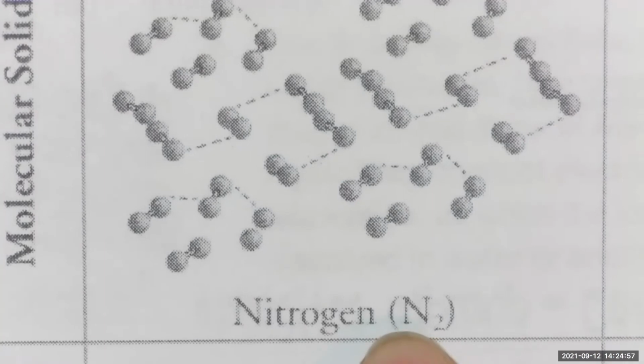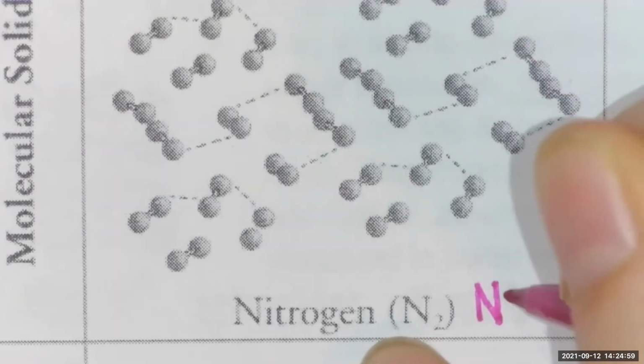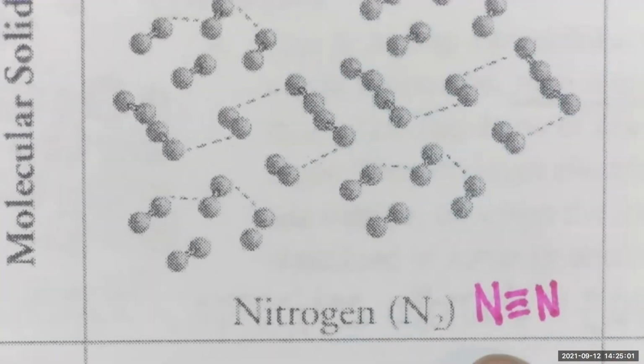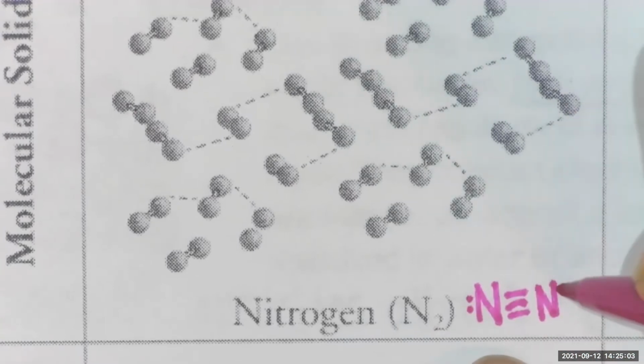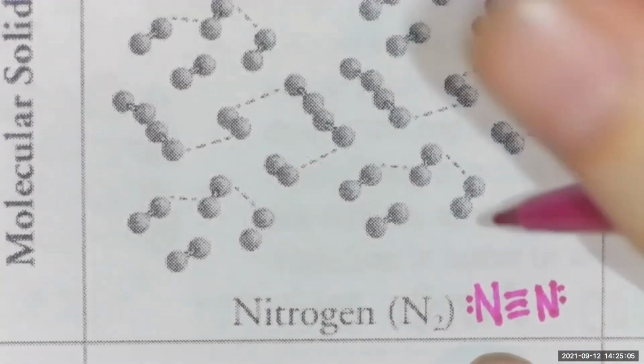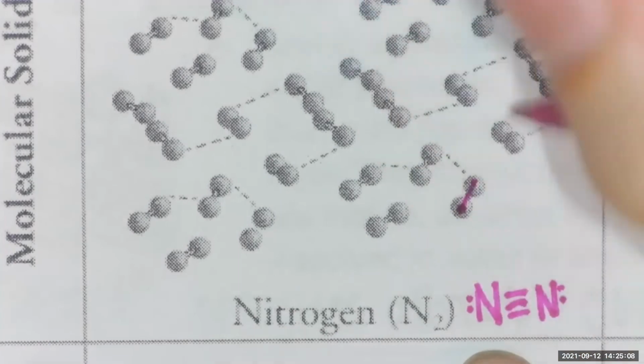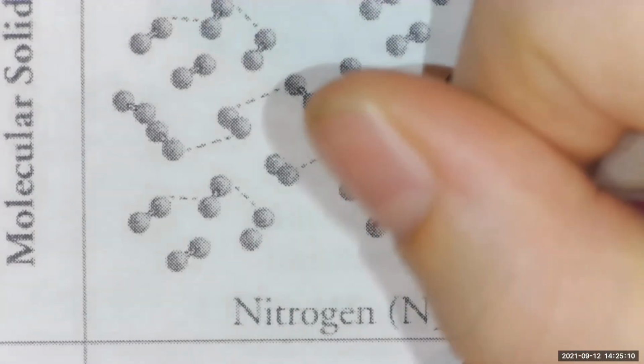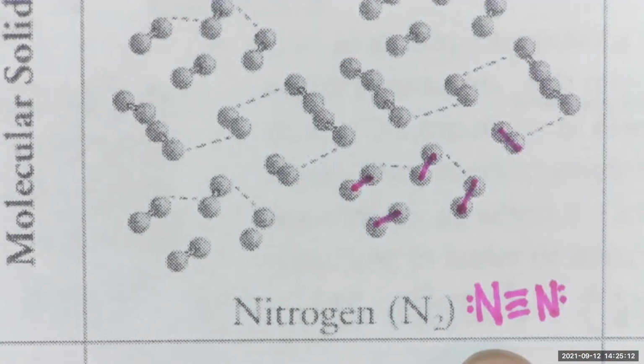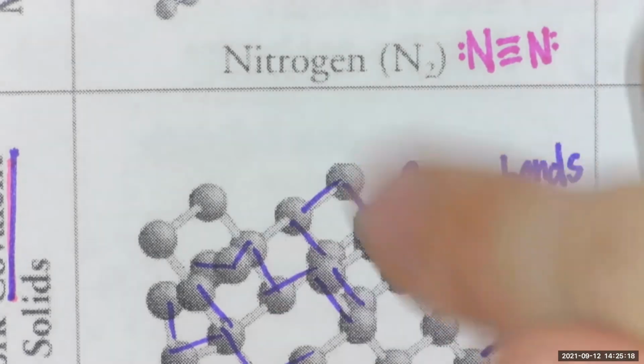It's N2, the nitrogen is bonded to the other nitrogen. It's a triple bond. It's got some lone pairs in case you're wondering. But nitrogen, nitrogen, bonded, but they're not bonded to each other. And that's the difference. This was bonded in every direction.